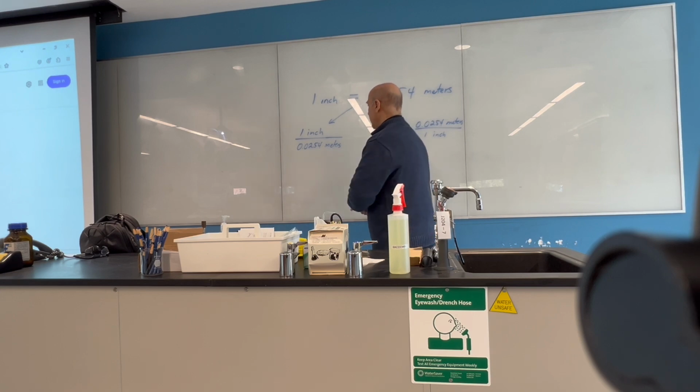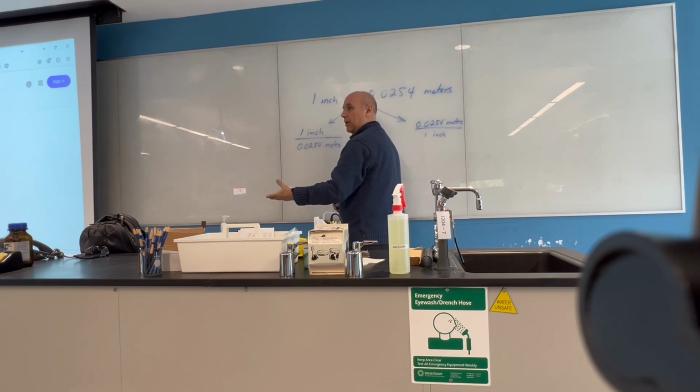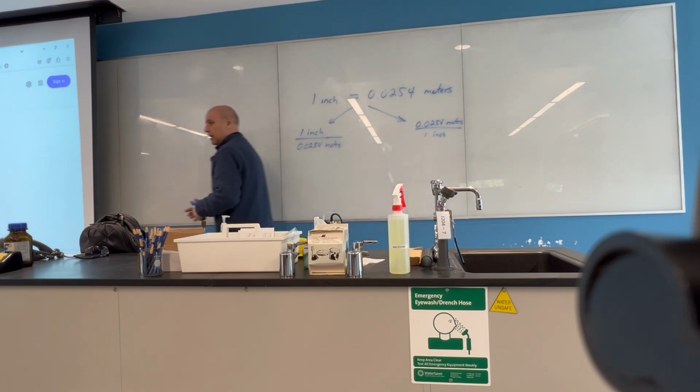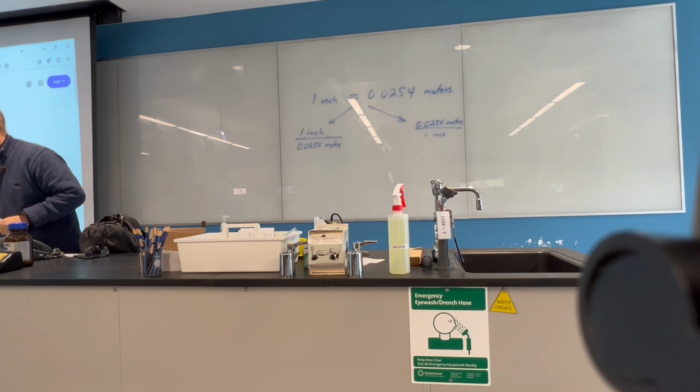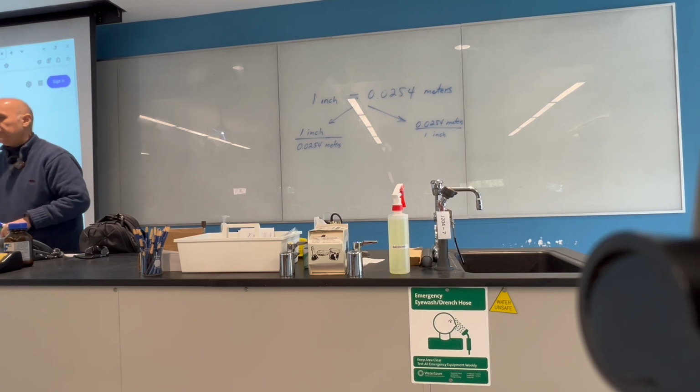Okay. If I ignore the inch and the meter label, then I can divide 1 by 0.0254 and get a number, right? I can go to the calculator and say, okay, what is 1 divided by 0.0254? And I get that number.